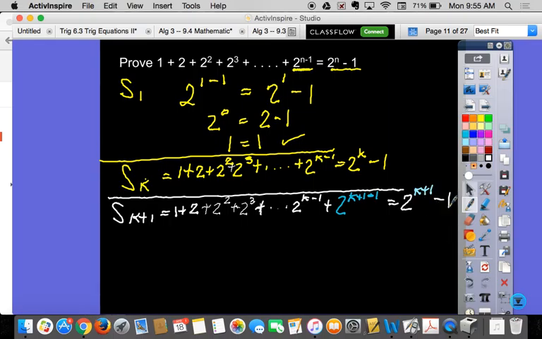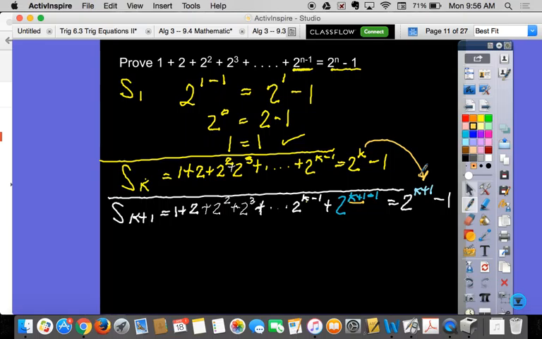So those are the two changes. You actually have to add a term on the left, and you have to put the k plus 1 portion in where k would be. So wherever k is over here, you put k plus 1, and same thing on the right side, wherever k is, you put k plus 1.